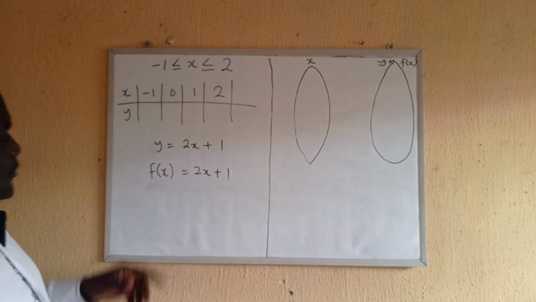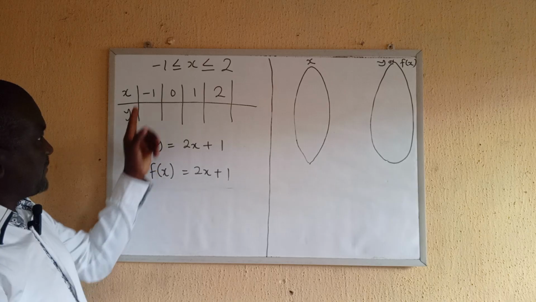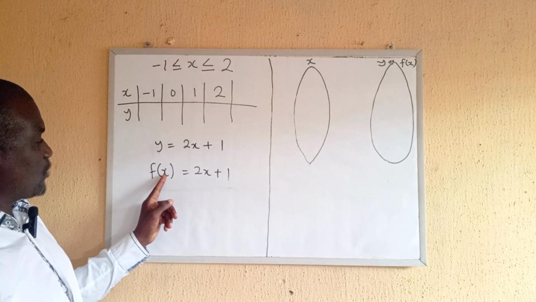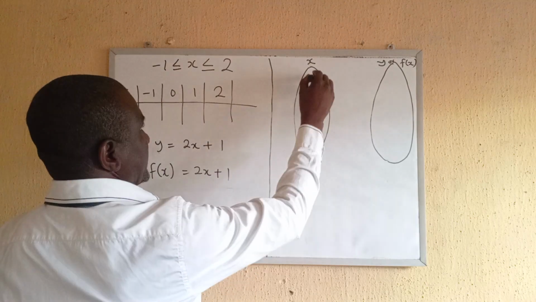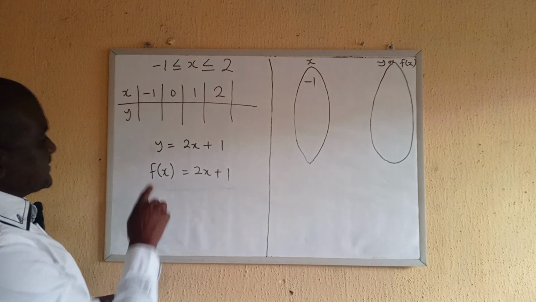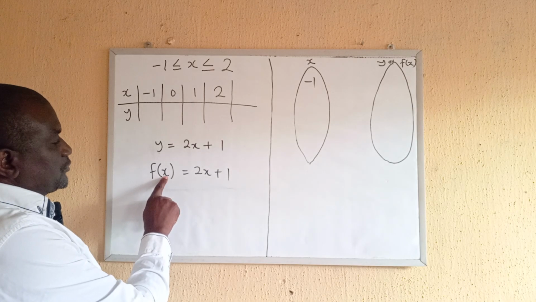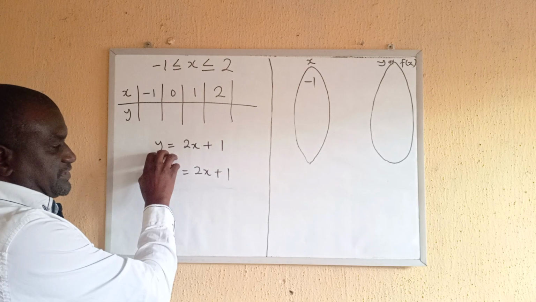So if our x is -1, which is the domain, so our -1 will be here. So if x is -1, which is the domain, then what will be this f of x, which is the y?